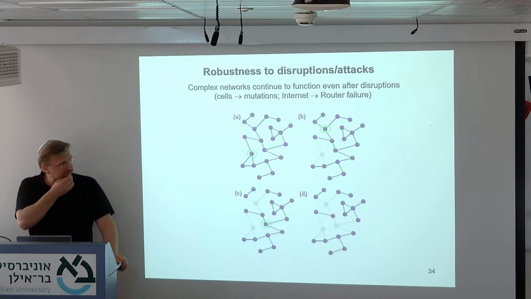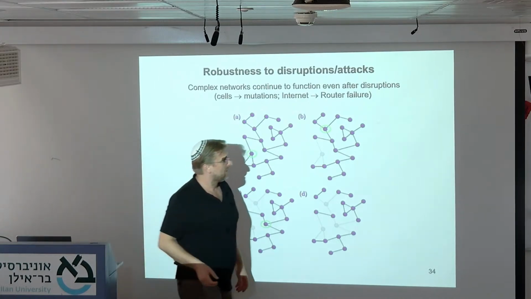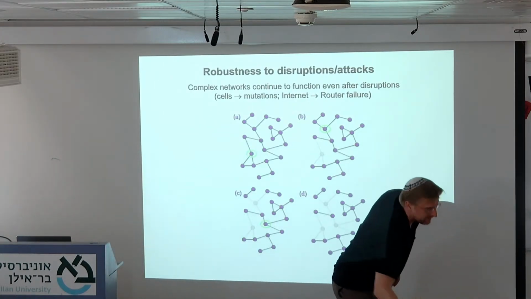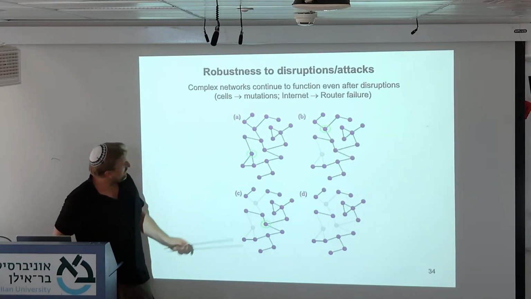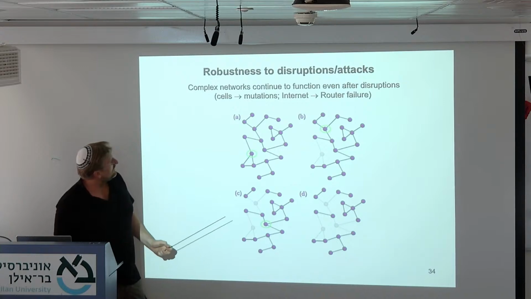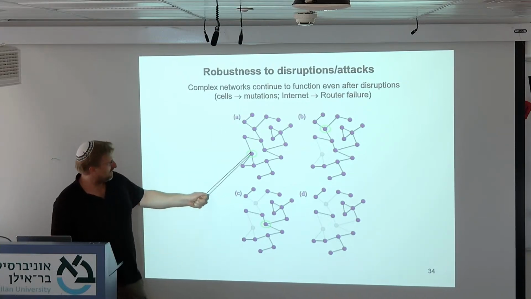Okay, and now we want to talk about what happens when you delete nodes, about the robustness of the network. So you can say that if you have this as a network and you start to delete links, nodes in this case.